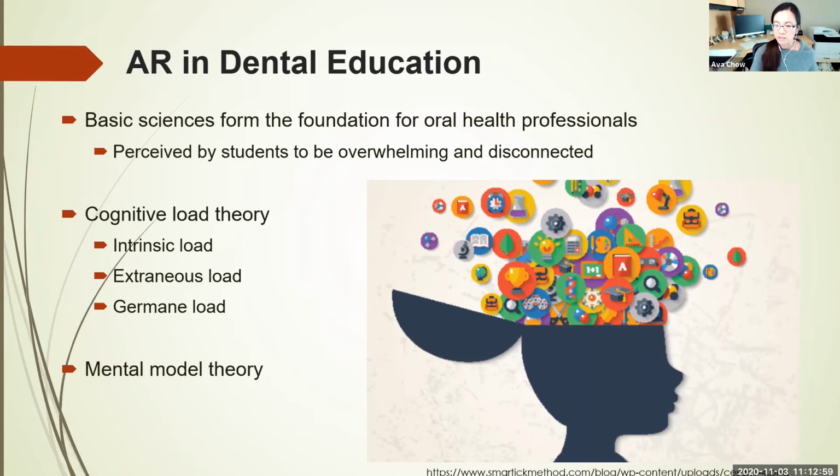Mental models are ways that students can cognitively organize information in order to understand the content or to solve problems. And these models are constructed when learners have new knowledge that has to be integrated with their pre-existing knowledge. So the aim of this project really is to reduce the extraneous load that can be a barrier to student learning and shift those resources over to the germane load so that the students can more readily form these mental models.